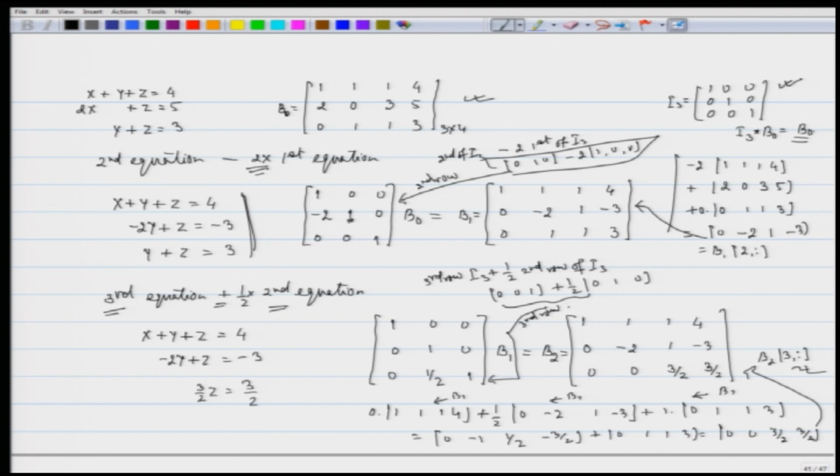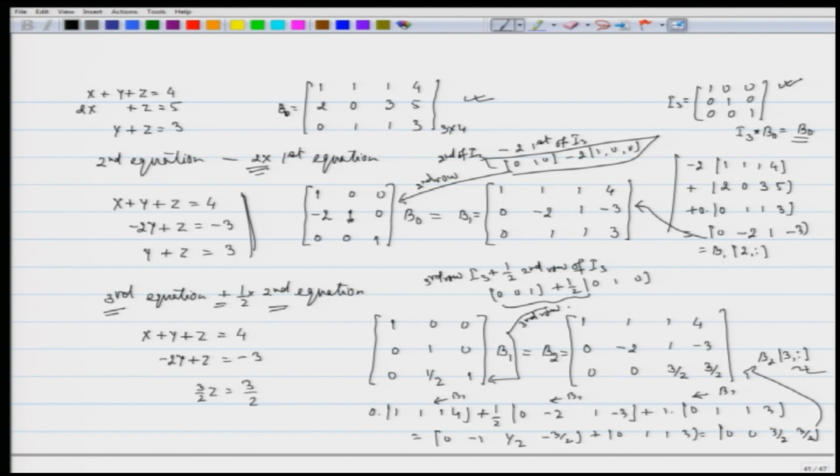So, whatever I am doing here to the equation, I am doing a similar thing to the rows of the identity matrix and then just multiplying to get my things. Is that okay? So, this is what you have to be careful about, that you are able to get them through matrices, all right.